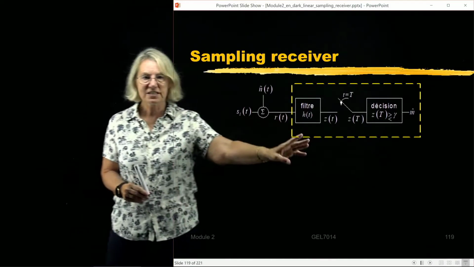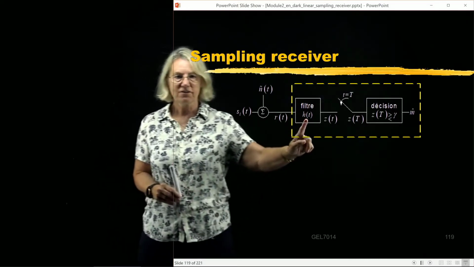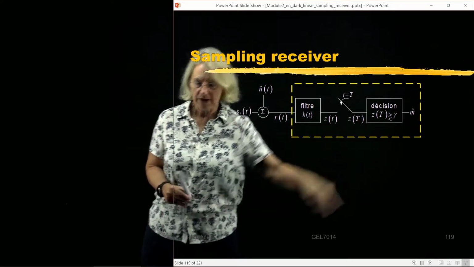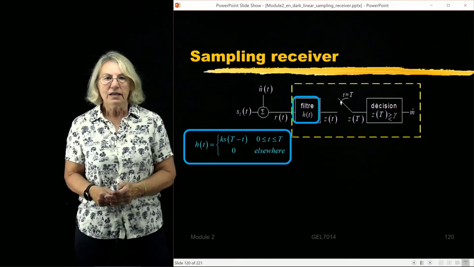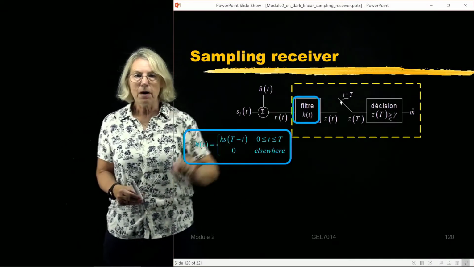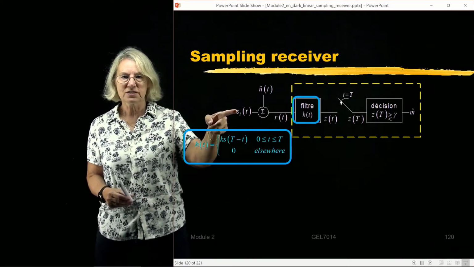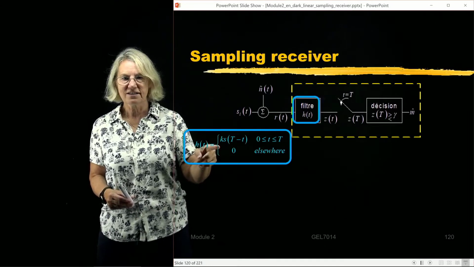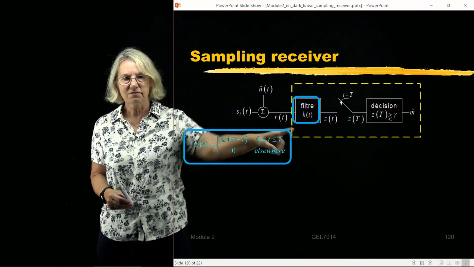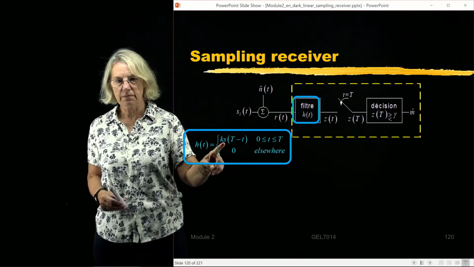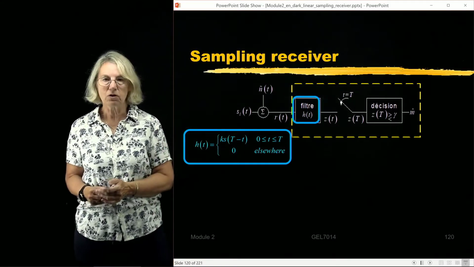So for the sampling receiver, this is the block diagram: filter, sample, compare with the threshold. The filter that we came up with was one that was matched to the symbol transmitted, and so here it is, an impulse response which is determined by the shape of the symbol waveform.